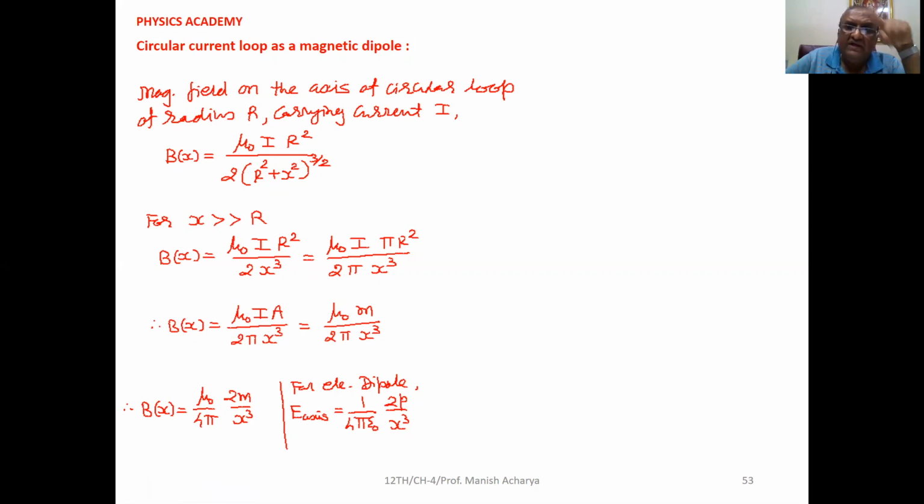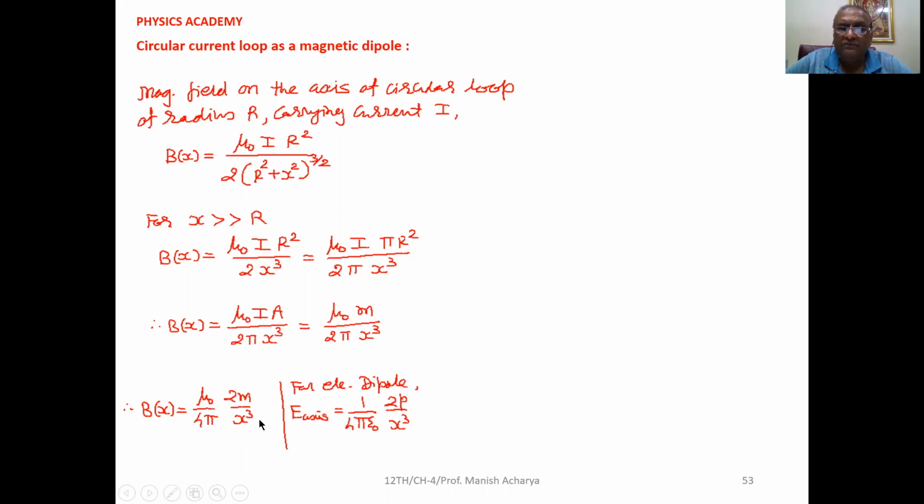In case of electric dipole, we can write the equation of the electric field at any point on the axis of the dipole, that is E axis equal to 1 upon 4 pi epsilon 0 into 2p upon x cube. P, that is dipole moment, here m, that is dipole moment, and the constant in electrostatics, that is 1 upon 4 pi epsilon 0, and in magnetics it is mu 0 upon 4 pi.